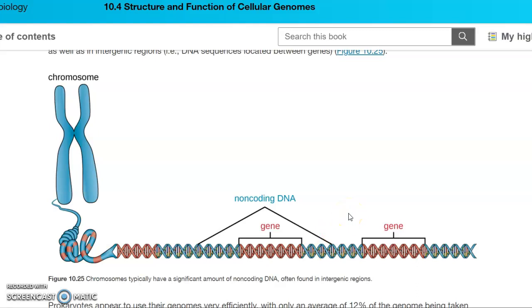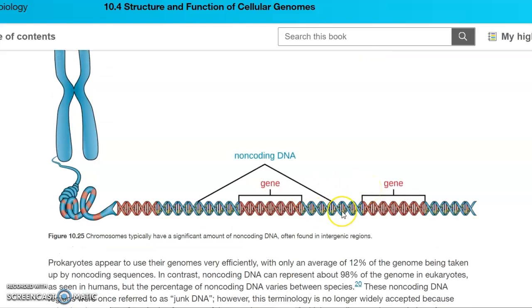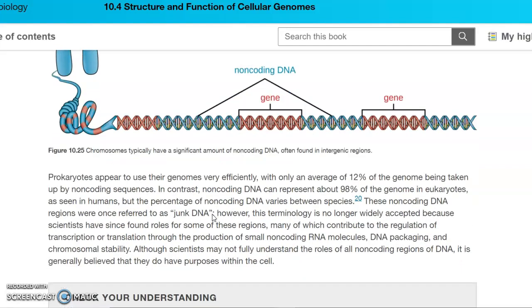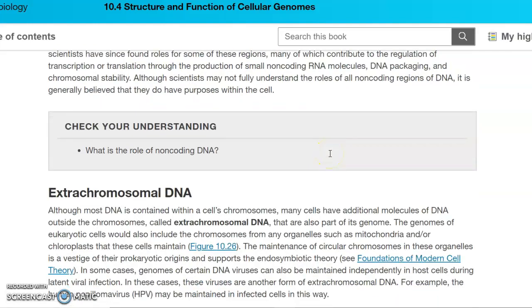But we've kind of got rid of that nickname, because even though these areas of the DNA do not code for a protein, they may have valuable information on them. We don't really understand all of the roles of the non-coding regions of DNA, but for the most part, we think a lot of it doesn't have purposes within the cell, which is how it got the nickname junk DNA in the first place.